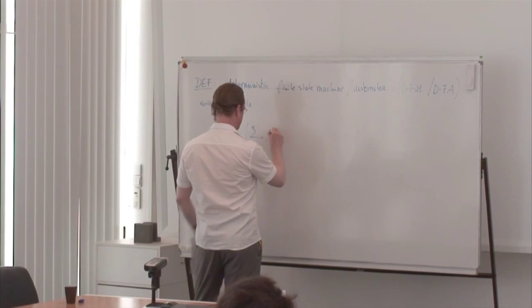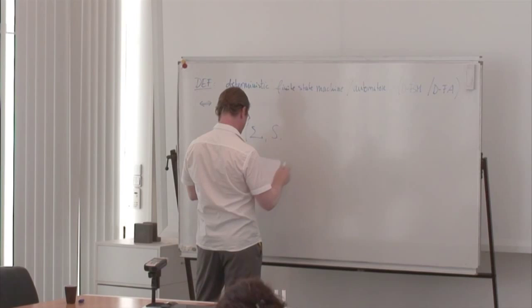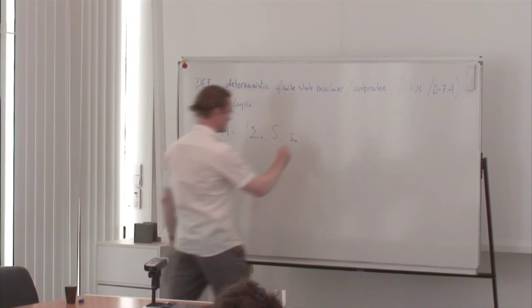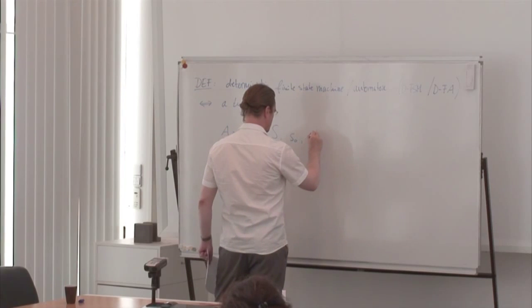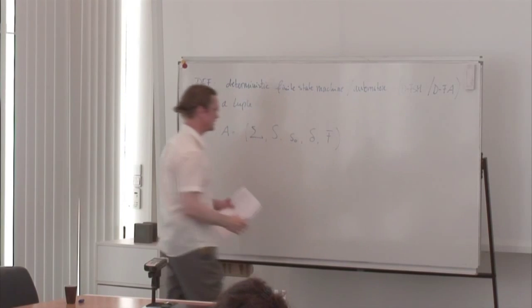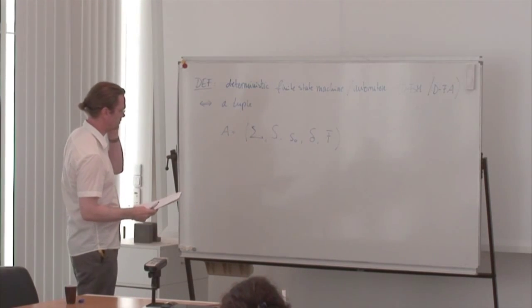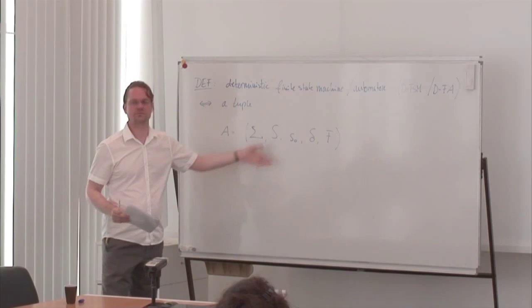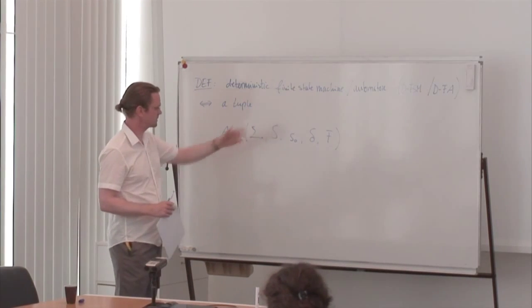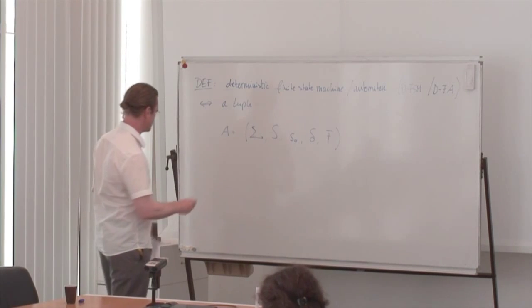The second one is a set capital S. Then we have something that is called lowercase s naught. We have another Greek letter, a delta, and another capital letter just called F. So this is a finite automaton. We have something that consists of 5 elements.